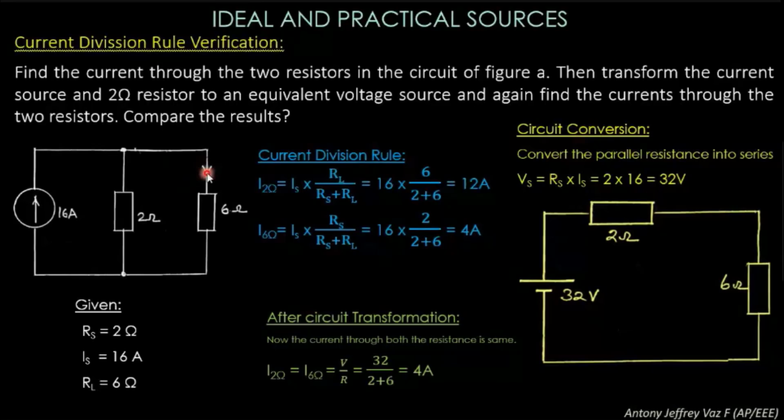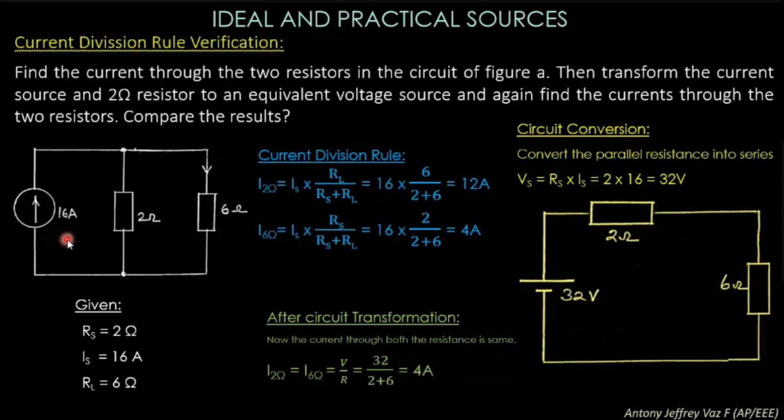Then we are going to find the current flowing through the 6 ohm resistance. After finding these two currents, we are going to convert this current source circuit into a voltage source circuit, and after conversion, we are going to find the current flowing in the circuit.